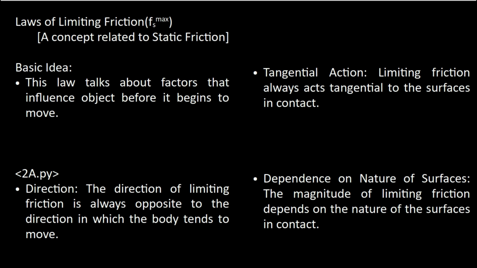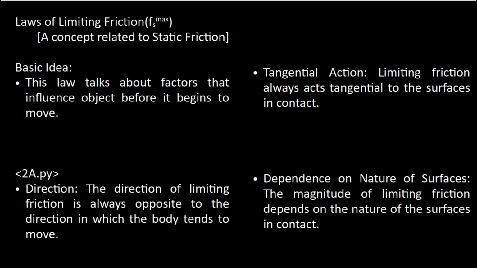Opposite to the direction of the force that is being applied to the object. The net force is to the right, so the limiting friction will be to the left. So it is always opposite to the direction in which the body tends to move. It's not yet moving, remember, it tends to move.